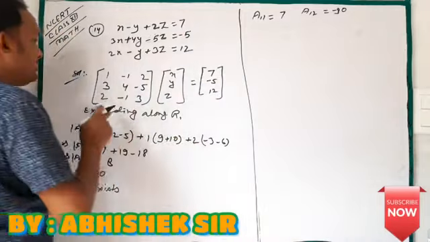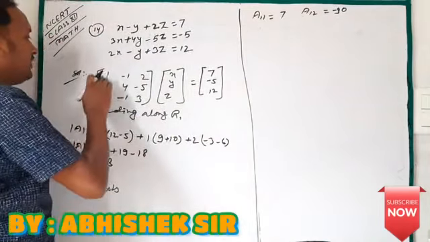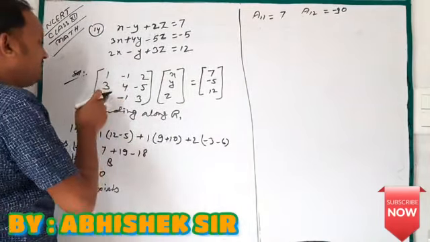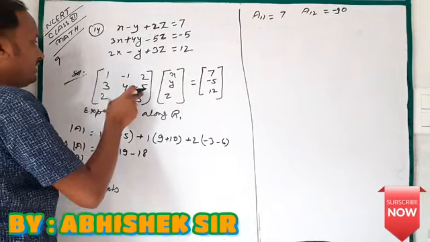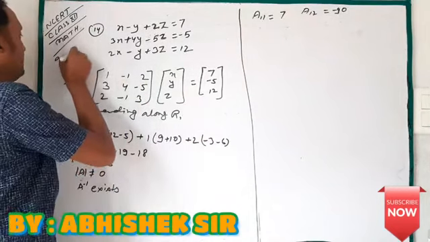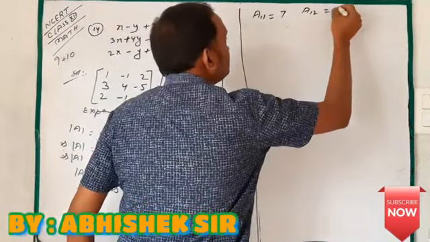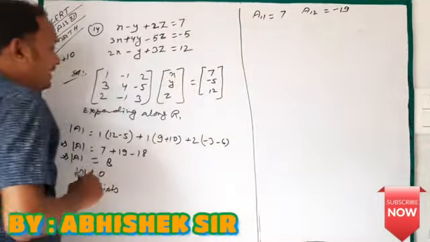We have to see it again. First row, second column: 3 3 is 9 and 5 2 is 10, 19, not 90. 19.